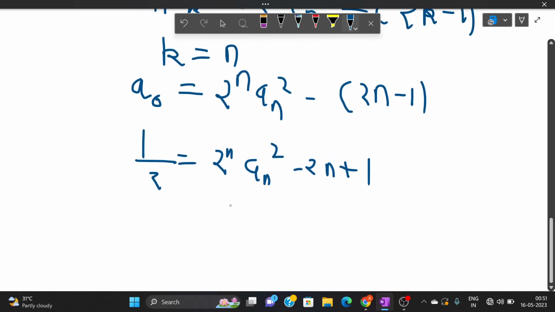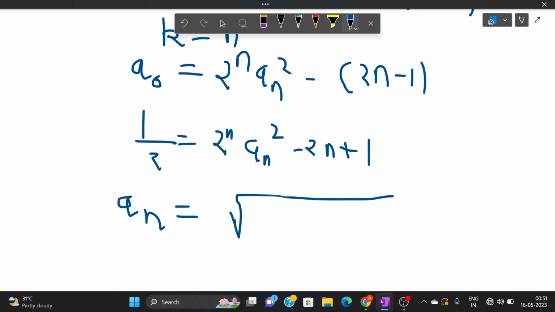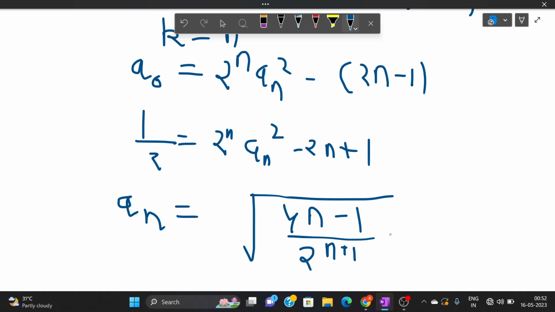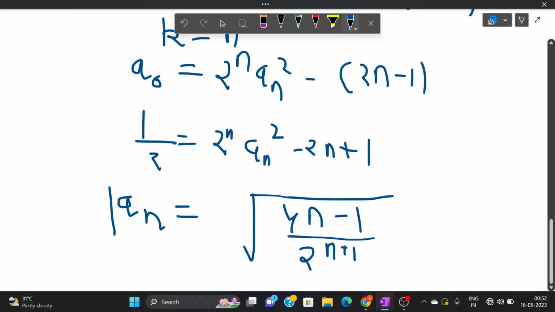On rearranging this, we get a n is equal to square root of (4n minus 1) upon 2 to the power of n plus 1. So this is what we get, a n in terms of n.